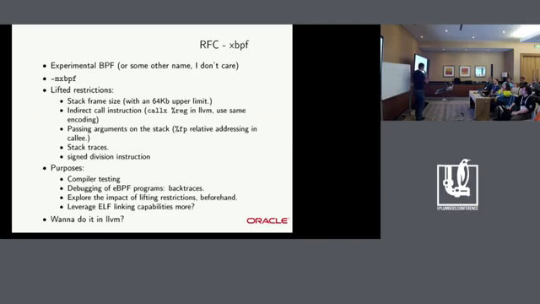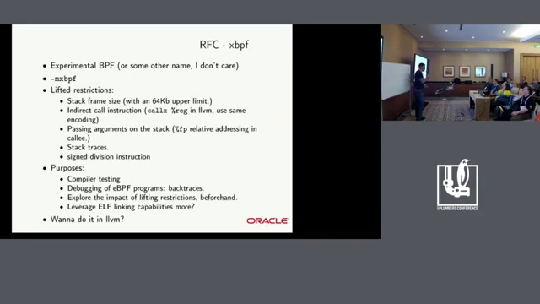Why? So I can support passing arguments on the stack, so I can get rid of the limit of 5 words passed as arguments to functions. That also gives me the possibility of doing stack traces, like a backtracker, which I think could be very useful for debugging your BPF program.